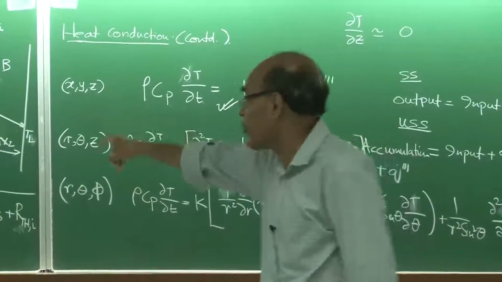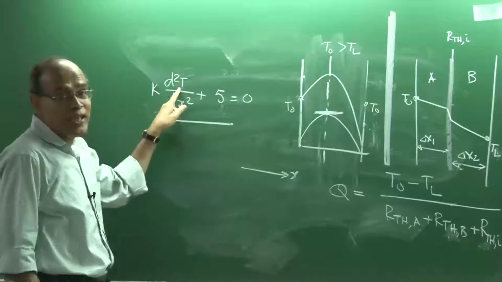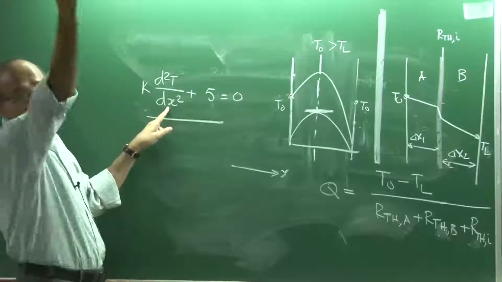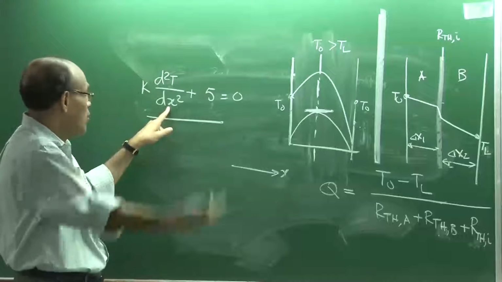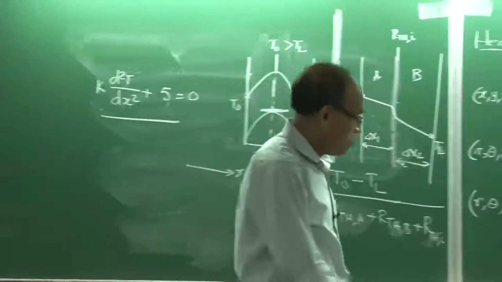Exactly the same equation will apply, and T will be replaced by the streamwise velocity, x will be replaced by the y direction, the distance of separation between the plates, and this will be the constant pressure gradient. It is one and the same phenomenon.